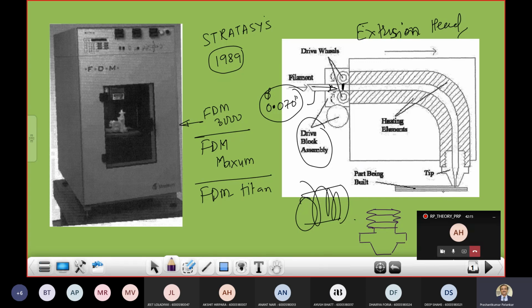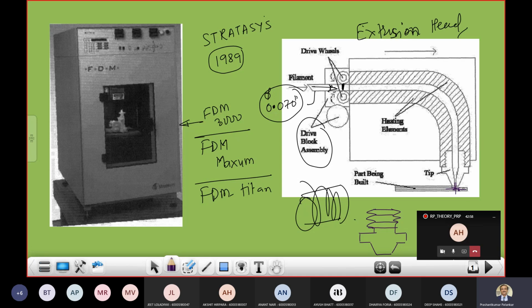The tips are usually heated by the heating chamber, as I said earlier, to slightly above the melting point temperature of that material, and you can easily replace them with different opening sizes. Why do we have to change the tip? Because the size of the opening of the tip matters a lot for the material coming out. Depending on the size, you can use various tips.